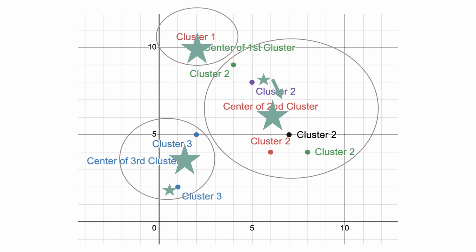In our example, the centers will change quite a bit. In cluster 1, the center will be the same because it's composed only of one point, but in cluster 2, it will shift downwards. And the opposite behavior will happen in cluster 3, which will shift upwards.